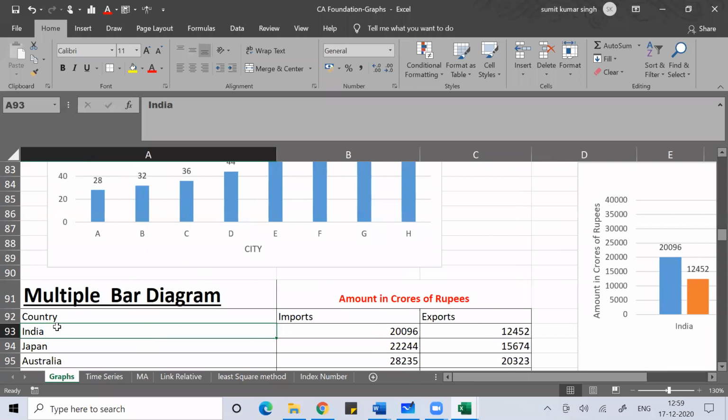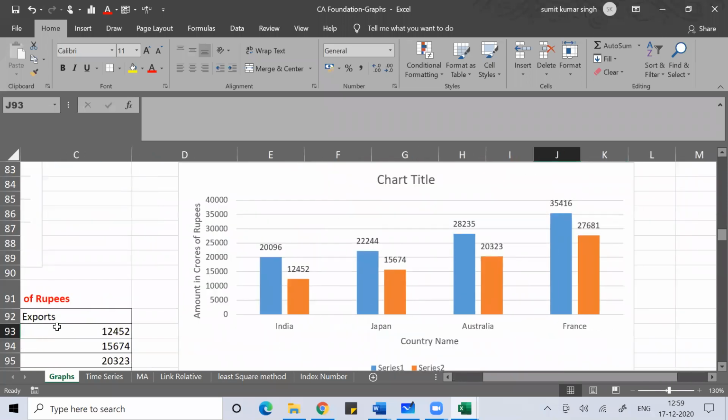In a multiple bar diagram or a multiple line diagram, we use more than one variable, and ultimately we can plot them in the form of lines or rectangular boxes, which is called a bar diagram. It can be horizontal also, it can be vertical also.